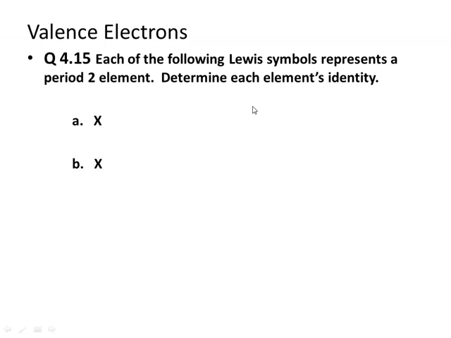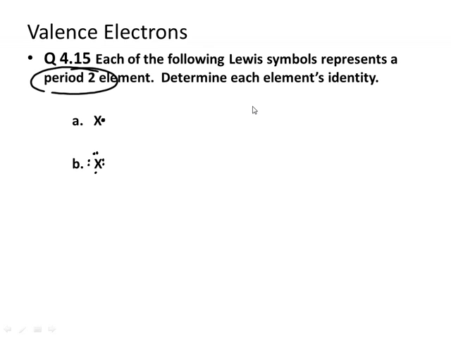In this case, the first element X is shown in the question, which is not showing on the PowerPoint, but it shows in the question as having 1 electron in its Lewis symbol, and B is showing to have 7 electrons. So the question is like that. It's giving us Lewis symbols of 2 elements, and it's asking us what are these 2 elements as long as they belong to period 2.